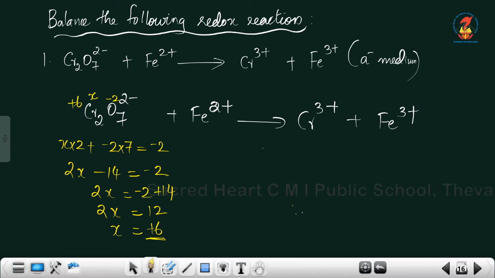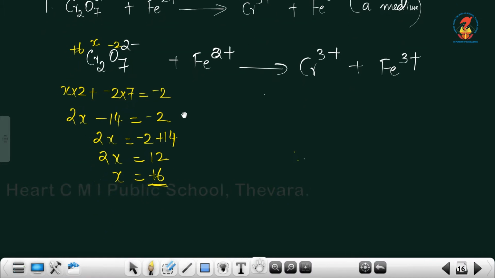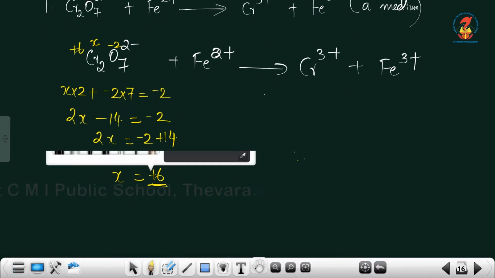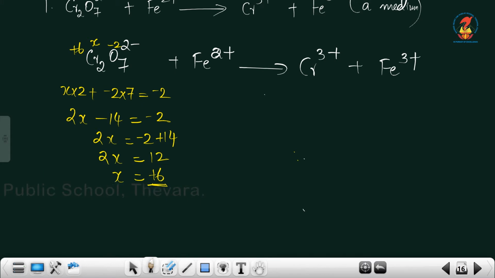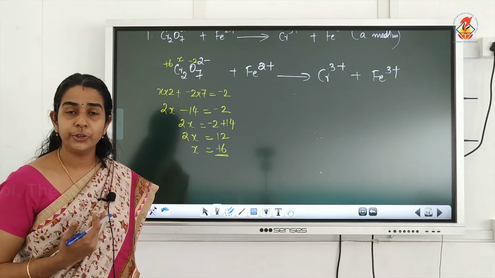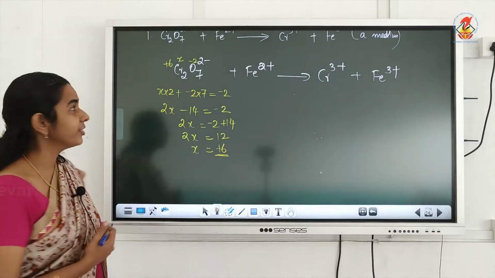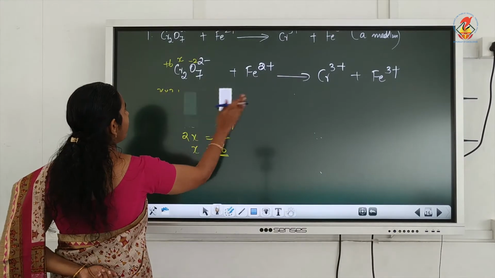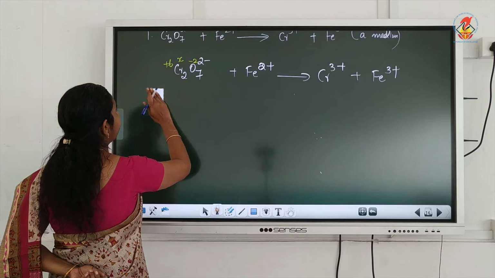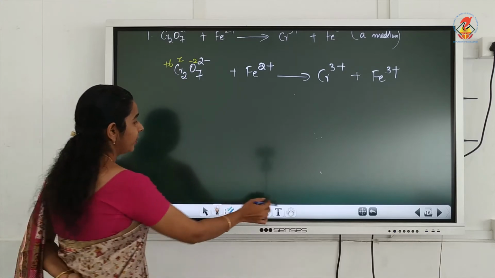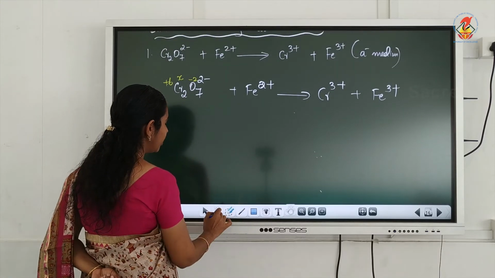Now iron, here it is given as Fe2 plus. Chromium is Cr3 plus and iron is also Fe3 plus. After assigning the oxidation states, it is very easy to find out who is undergoing oxidation and who is undergoing reduction, isn't it? Now see the change in oxidation state of chromium.